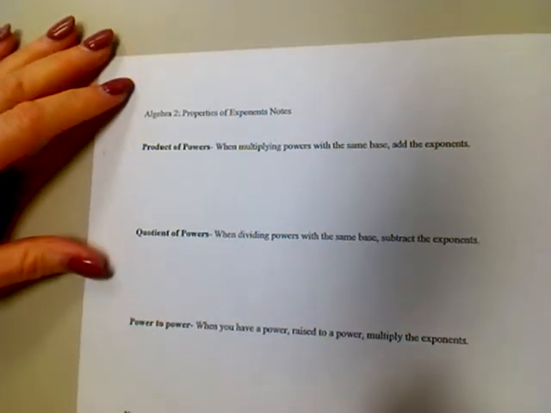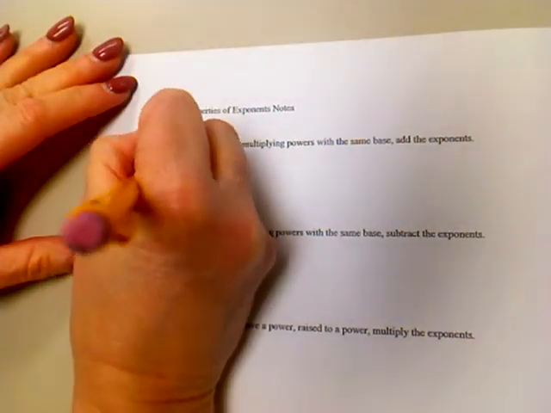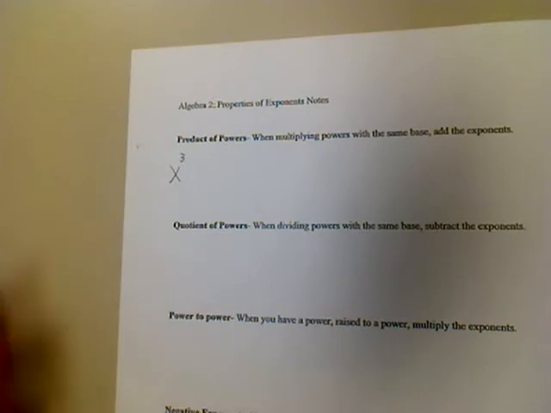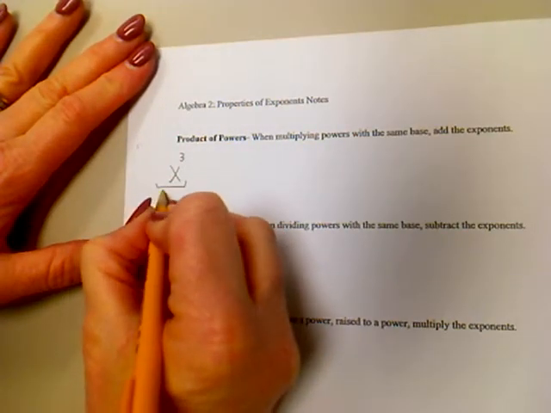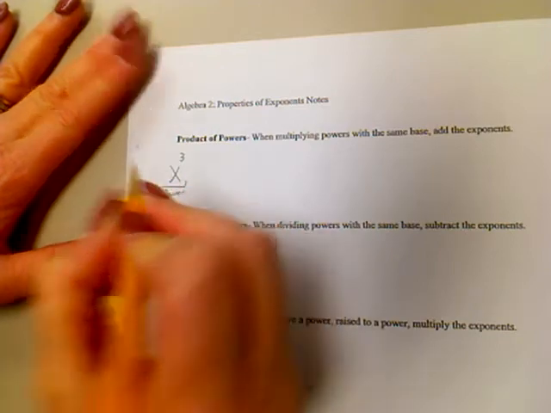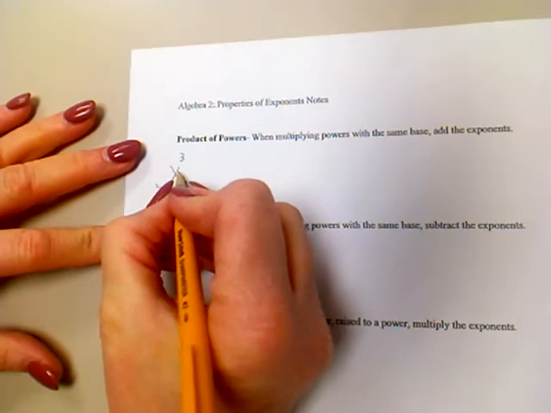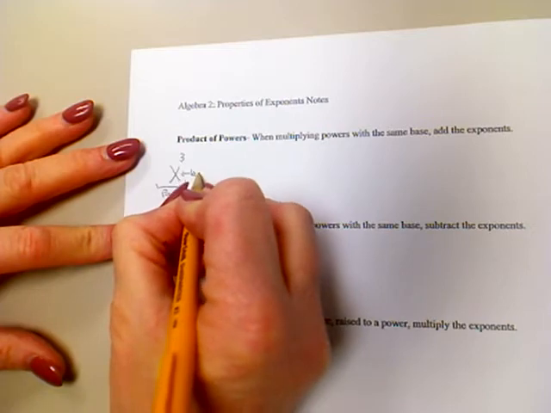So the first thing I want to go over is what's called the product of powers. And that's when you're multiplying powers with the same base. Now, just for a review on that, this whole thing is considered a power. The bigger term here is the base.